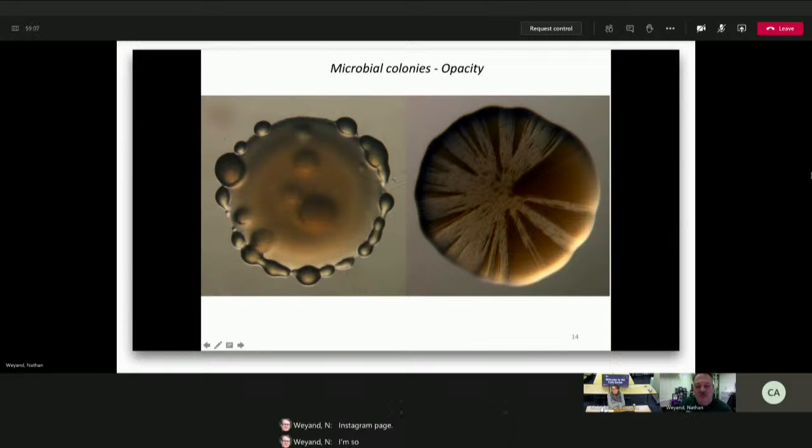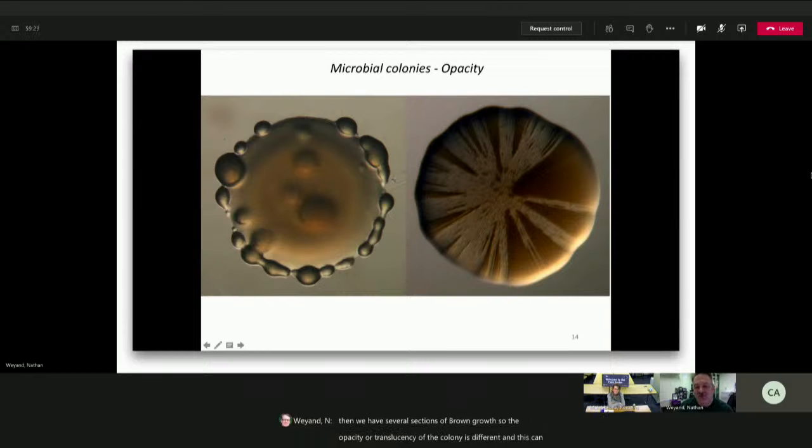So both of these colonies illustrate a trait called opacity. If we look at this colony on the right, you'll notice the growth in the center is quite clear, but then we have several sections of brown growth. So the opacity or translucency of the colony is different.